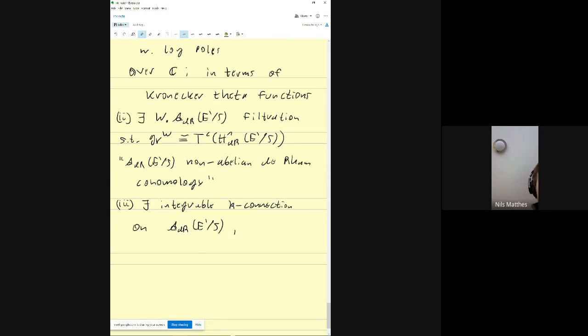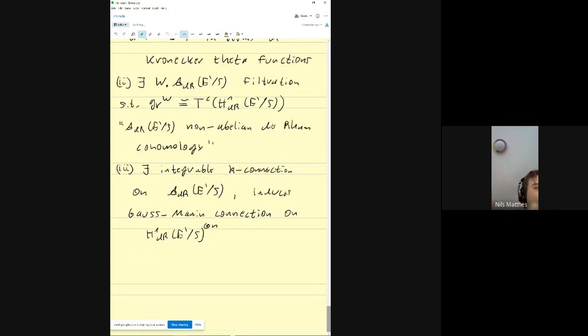And again, if you look at the associated graded for this connection, then this is the Gauss-Manin connection on, well, this tensor coalgebra upstairs, so let's just say on H1 de Rham of E prime over S and on every tensor power.